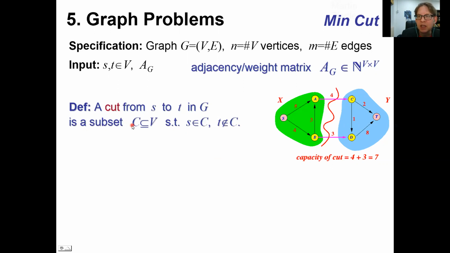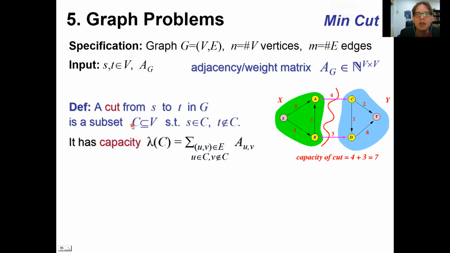So that's a cut, and a cut induces a subset of the edges, namely those edges that go from the green part of the subset of vertices to the blue part, to those vertices which are not part of the cut.